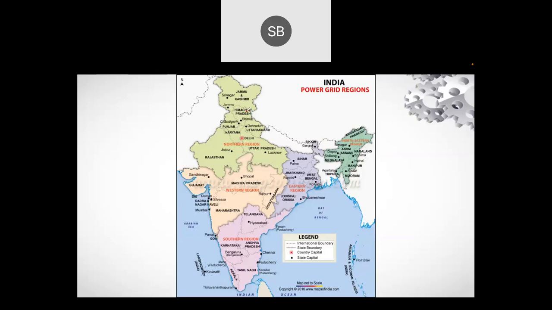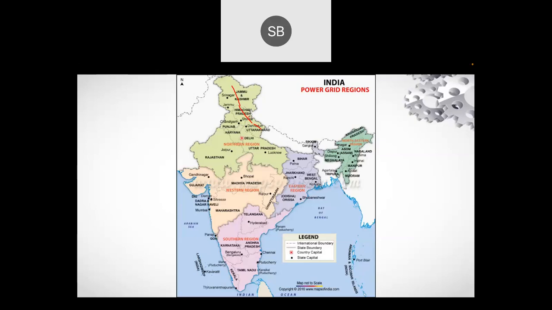In the case of hydroelectric power plants, those are generally in the mountain regions, right? In Jammu Kashmir UT, as well as Himachal Pradesh and Uttarakhand, near the Himalayan ranges. So it is away from the main customers or consumers of the electricity.